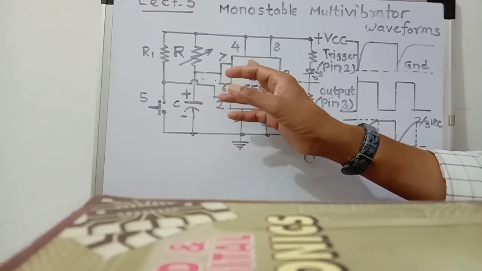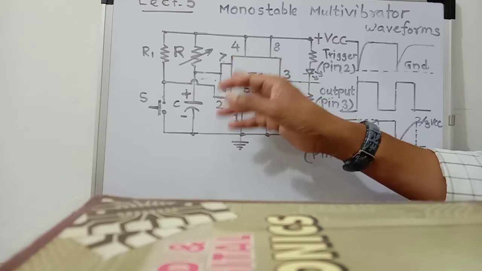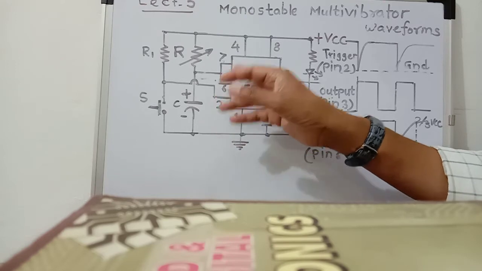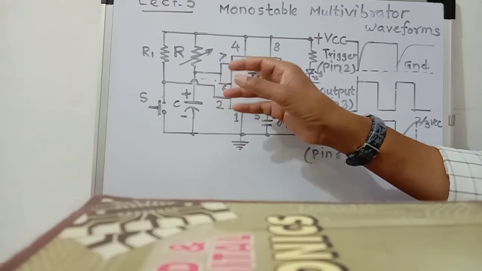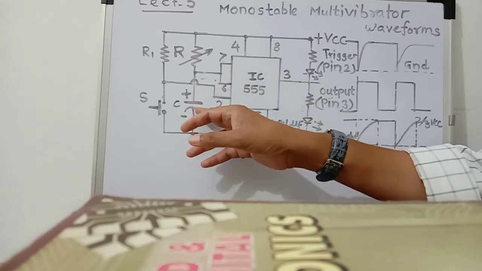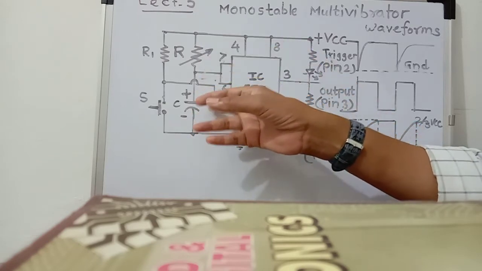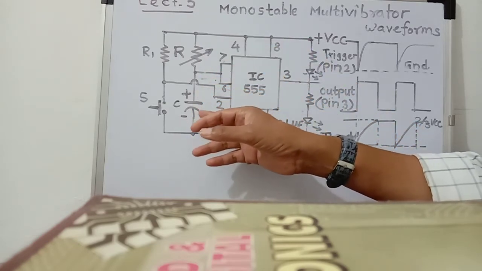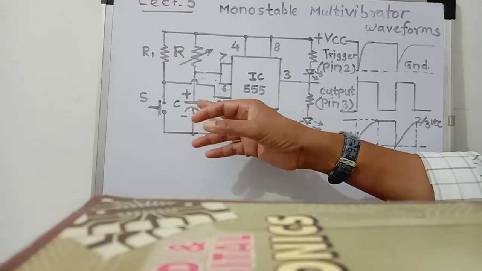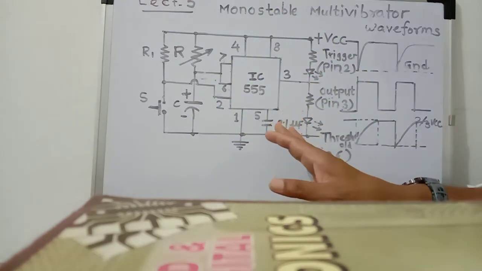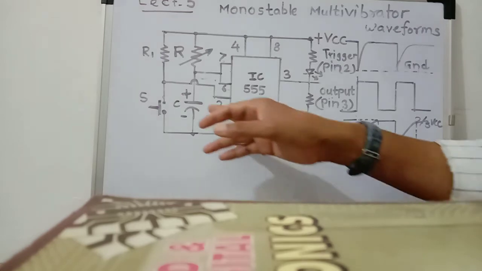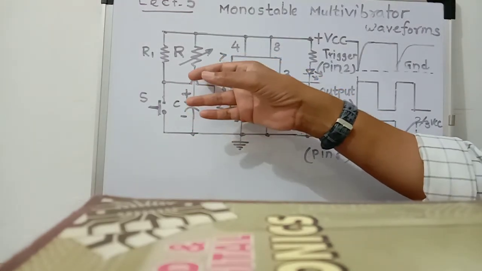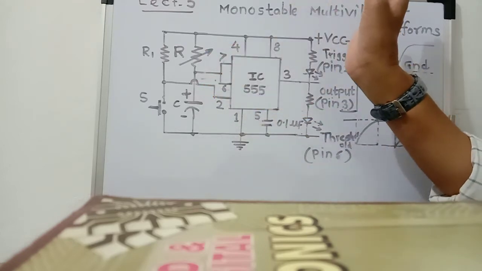Therefore Q is equal to 1. Therefore the internal transistor is turned on and acts as a closed switch, and it provides a path for this capacitor to discharge through the transistor. Therefore this external capacitor C is held in the discharge condition. It discharges through the internal discharge transistor, that is through pin number 7.